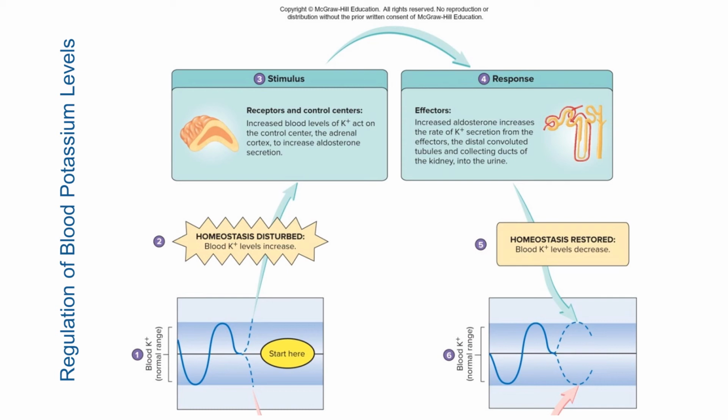In response to this increase, the distal convoluted tubules and the collecting ducts of the kidneys increase the rate of potassium secretion into the urine. And then homeostasis is restored once the blood potassium levels are decreased.